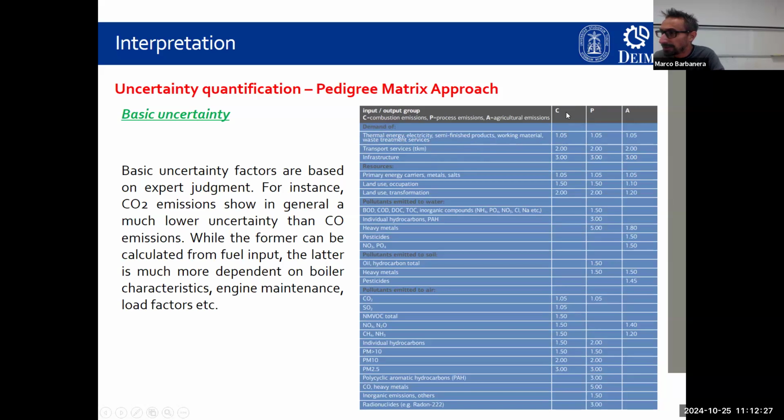Then you have 3 different columns. The first column is for combustion emissions. The second column, P, is for process emissions. The third column is referred to agricultural emissions.